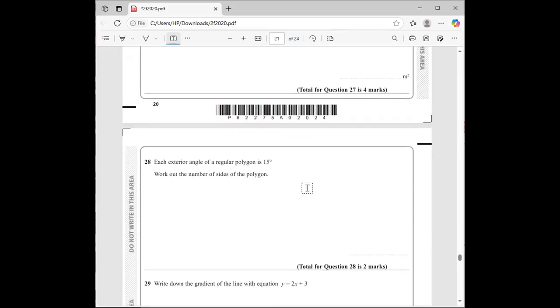What's next? It says each exterior angle of a regular polygon is 15 degrees. It now says work out the number of sides of the polygon. I made mention of this before you traveled, but let me remind you. The mathematical principle here is that the sum of exterior angles for any polygon at all will always add up to 360, which is a good thing.